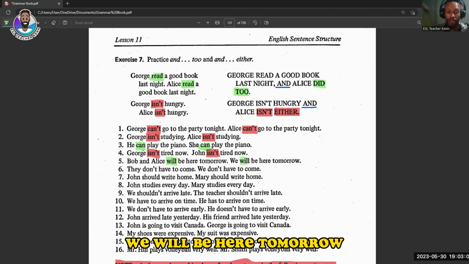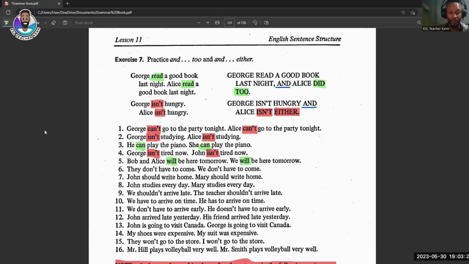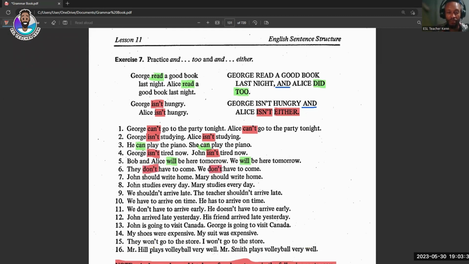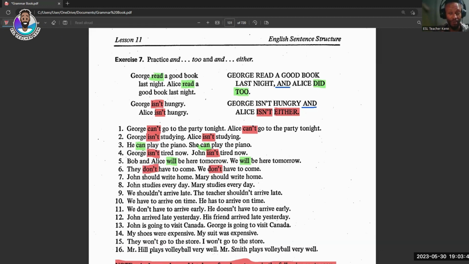We will be here tomorrow. Bob and Alice will be here tomorrow, and we will too. They don't have to come. We don't have to come. They don't have to come, and we don't either.